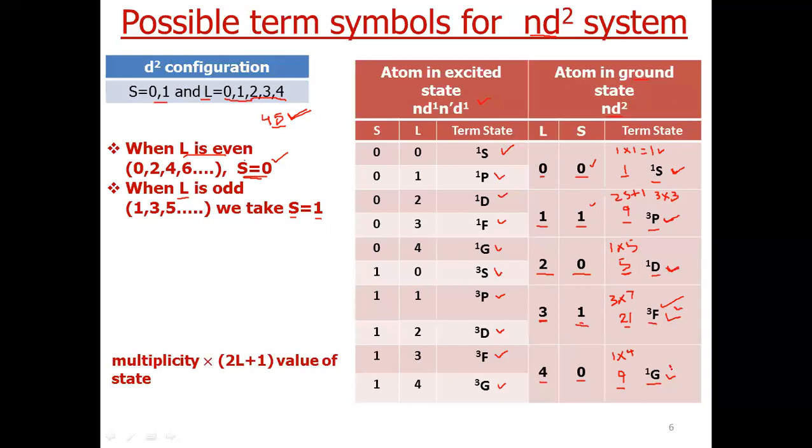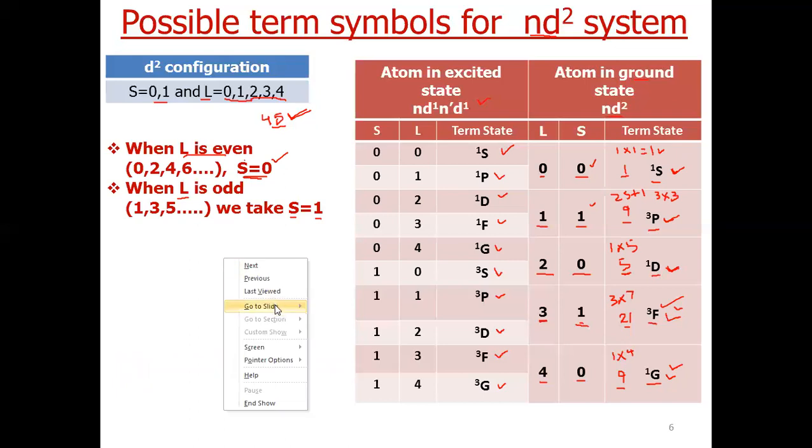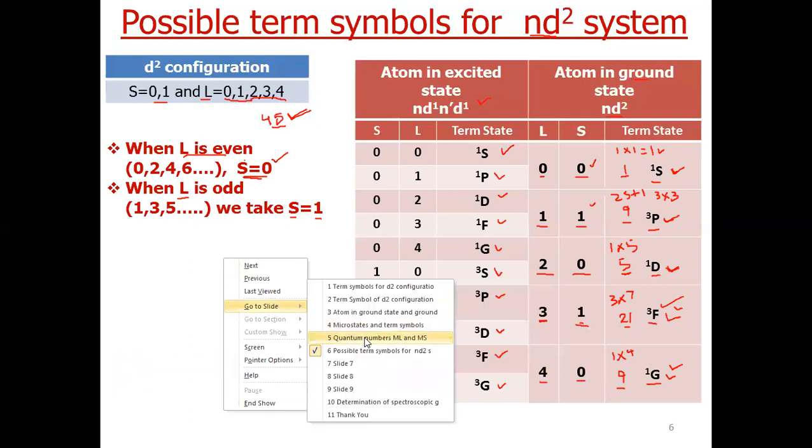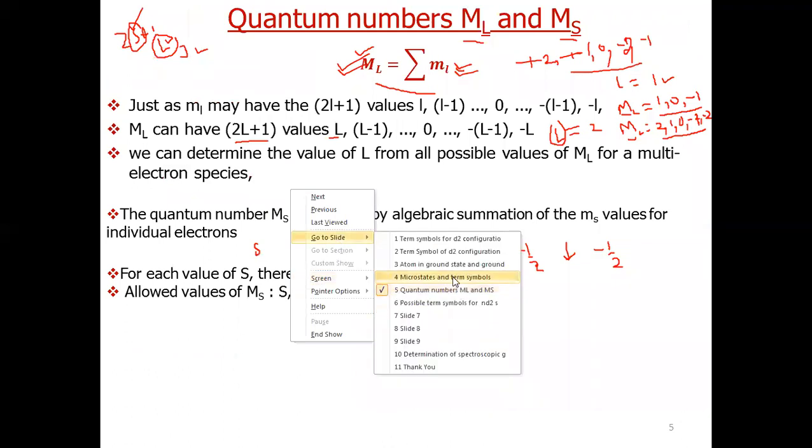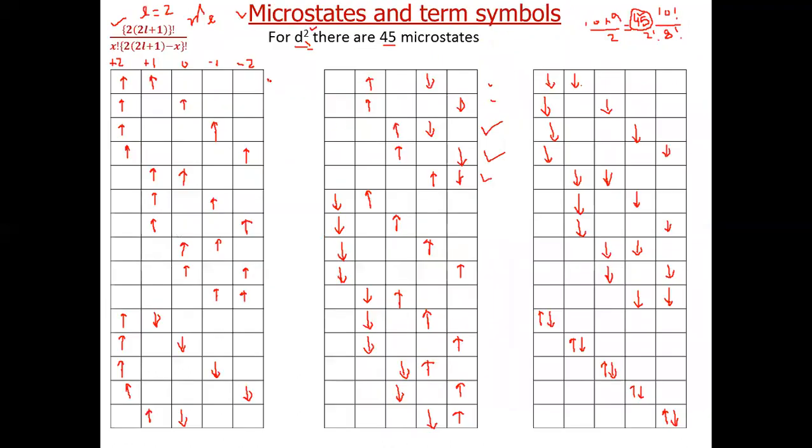Now we will see how to make the groups. Our next task is to arrange the microstates that we have written. I will go to the slide here. These are the microstates that we have already drawn for a d2 configuration.